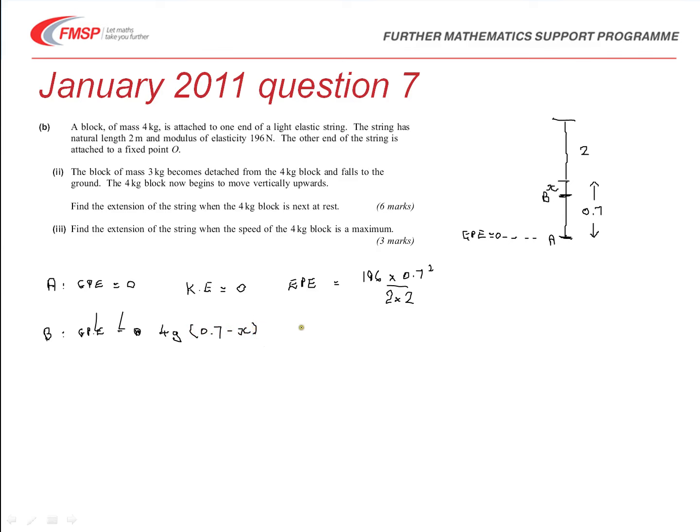The kinetic energy, since it's now stopped, is also going to be 0, and the elastic potential energy will be 196, and an extension that we don't know, which we called x, so that will be squared over again 2L.